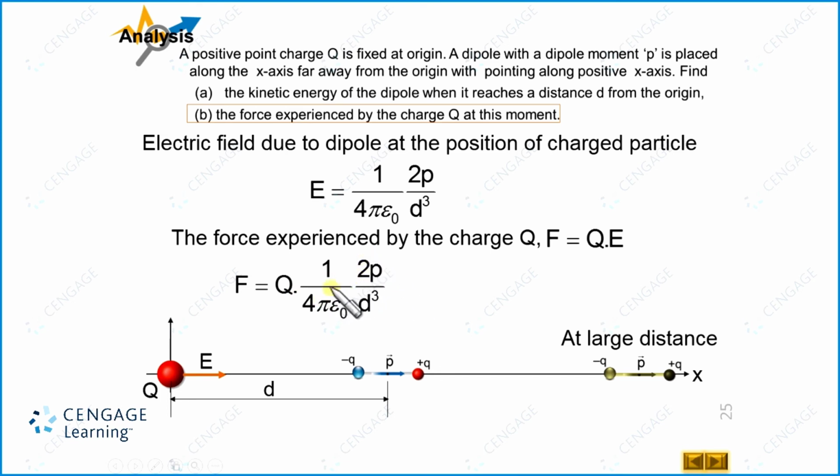This is equal to 1 upon 2 pi epsilon naught PQ divided by d cube. So this is the force experienced by this charged particle. It will be in the rightward direction. And if you ask what is the force experienced by this dipole because of this charged particle, this will be in the leftward direction and it will have the same magnitude. Why? Because electrostatic force always occurs in pairs, with equal magnitude and opposite direction. So this is the final result.